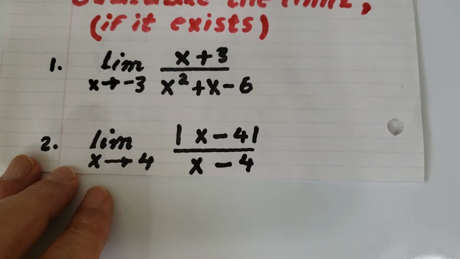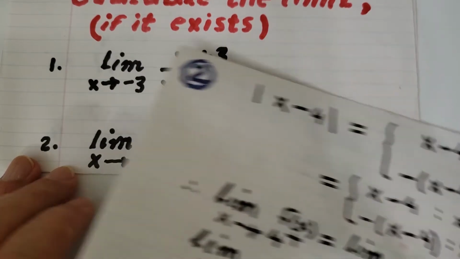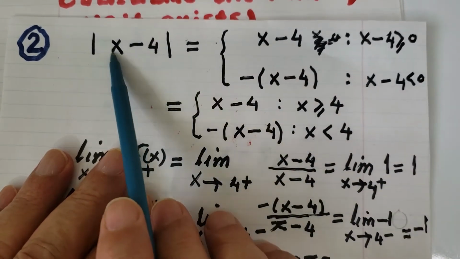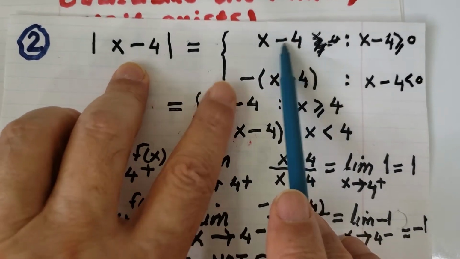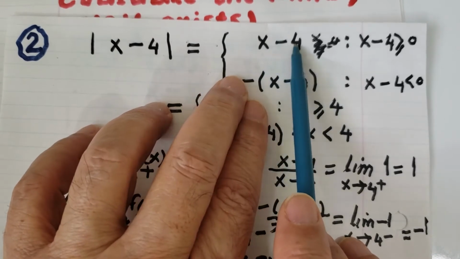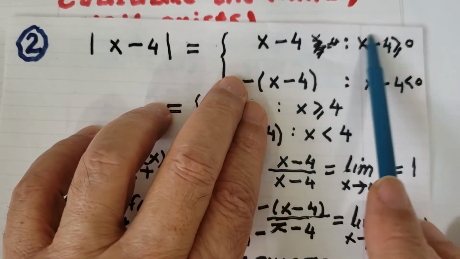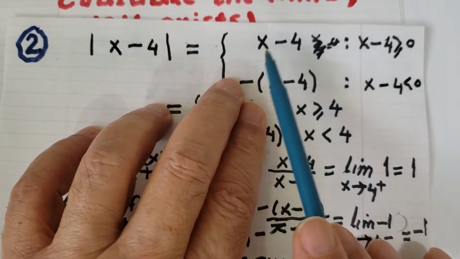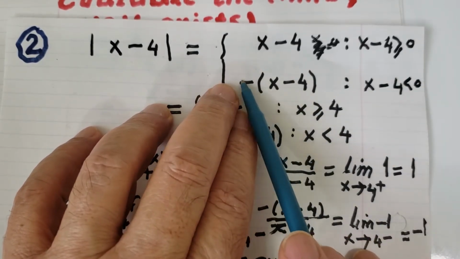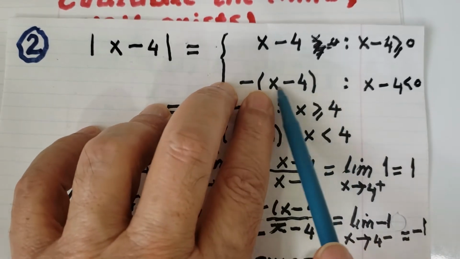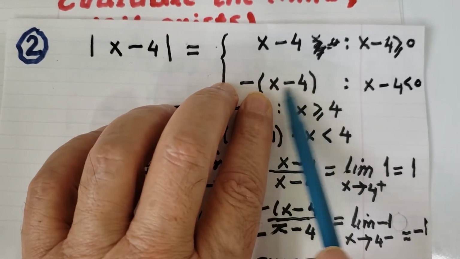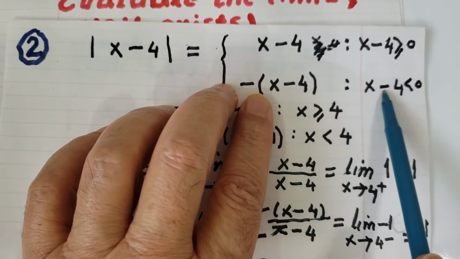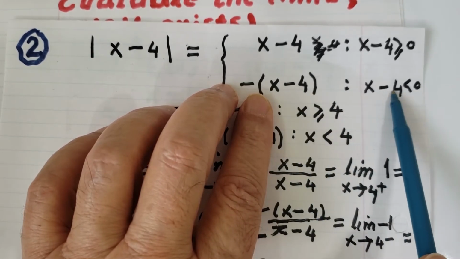We know the absolute value can be written in two shapes. Here, the absolute value of x minus 4 can be written as x minus 4 when this is positive or 0, or we just put minus in front of all this quantity when it is negative, I mean when it's less than 0.